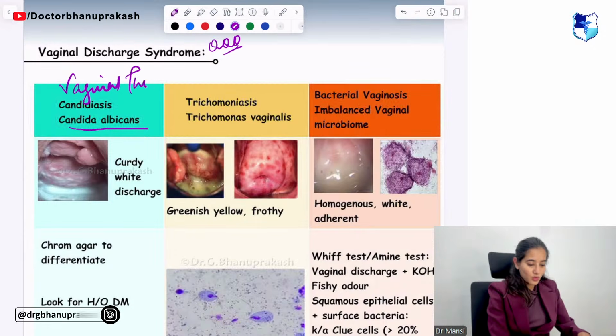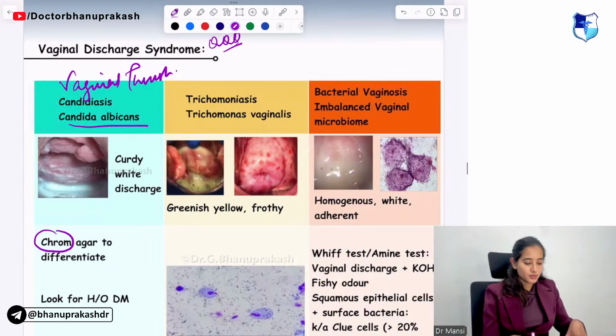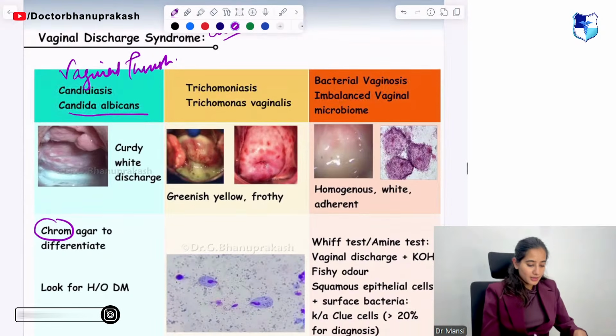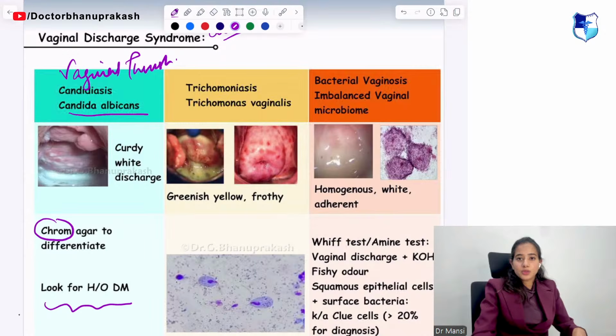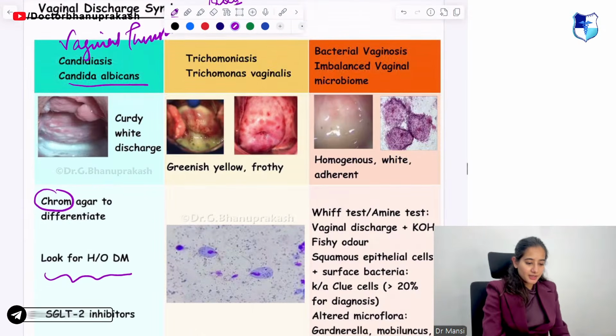Candidiasis, the vaginal thrush. So, what happens in them? To distinguish various candidal infections, we can use chrome agar in a candidiasis patient. So when the female patient comes, if you ask for further history, she might tell you that she's a diabetic and she probably takes SGLT2 inhibitors.